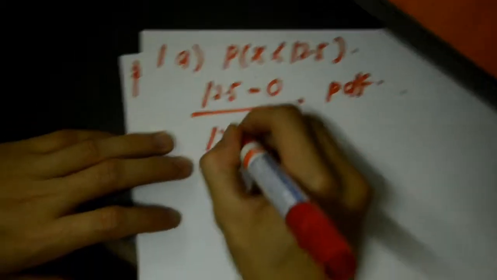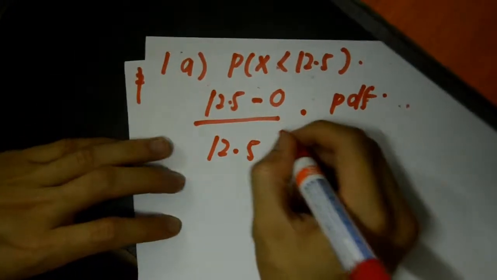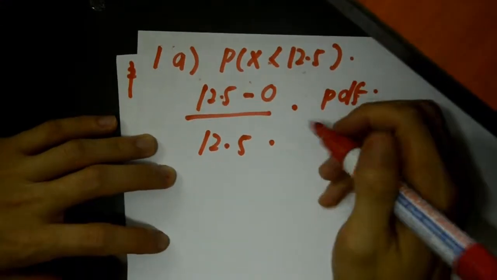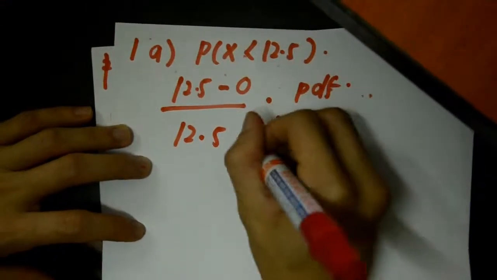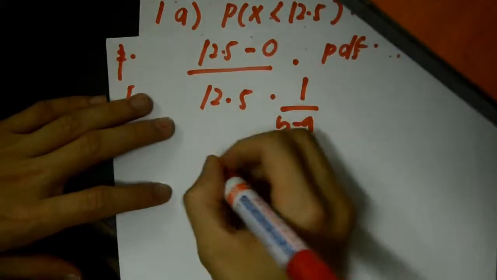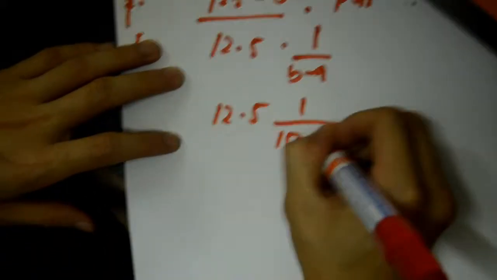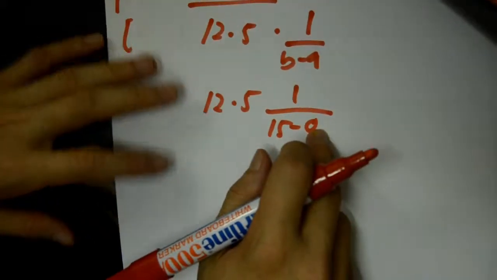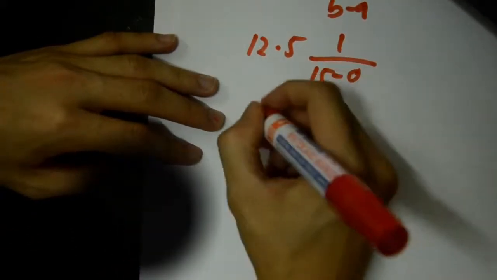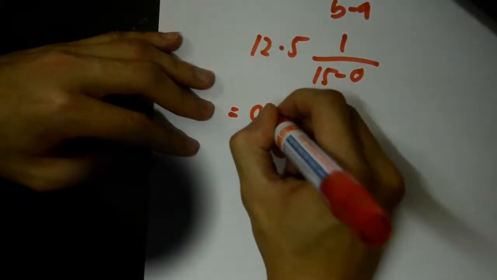So 12.5 minus 0 is still 12.5, times the PDF, which is 1 over b minus a, so 1 over 15 minus 0, where 15 is the upper limit and 0 is the lower limit. Solving this, you get 0.8333.